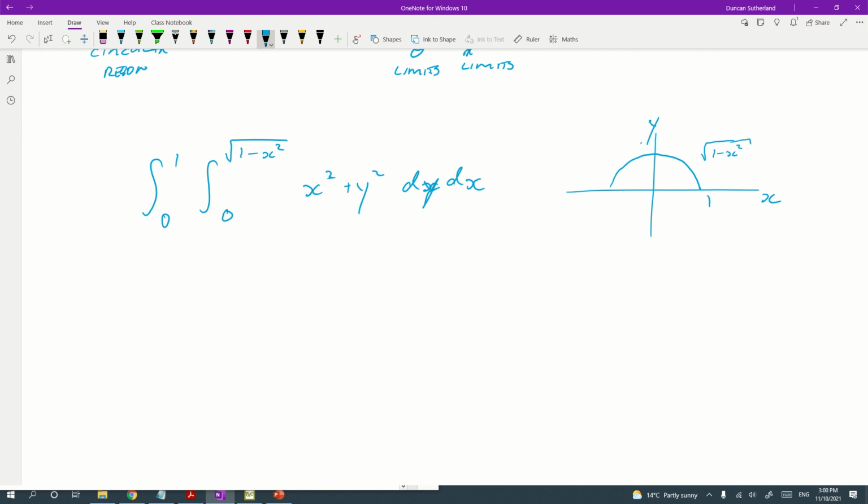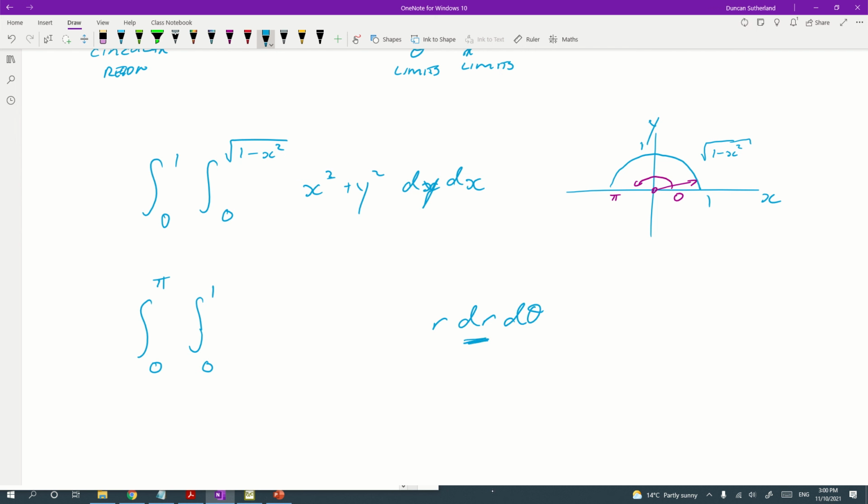All right, so this is well described in polar coordinates. Our r would go from 0 to 1, and our theta would go from 0 to pi. So we'd have constant limits in this case. So 0 to 1, 0 to pi, r dr d theta, right?